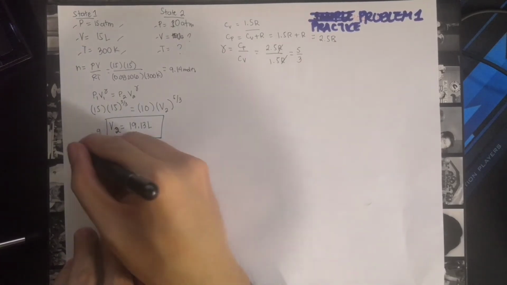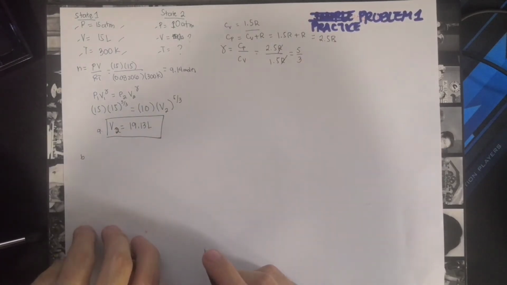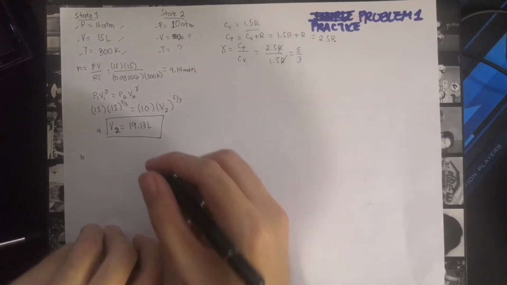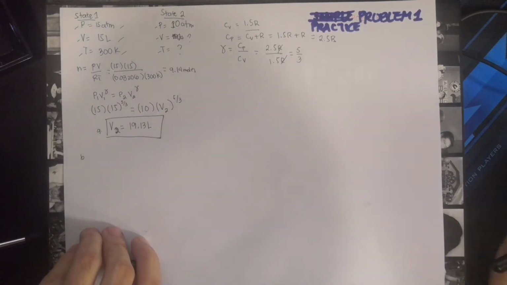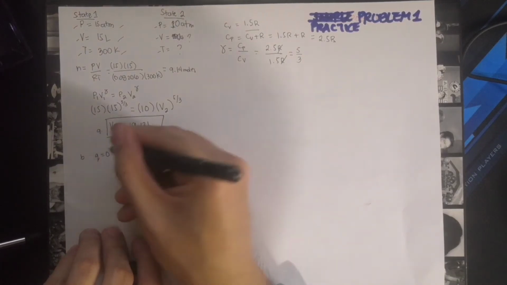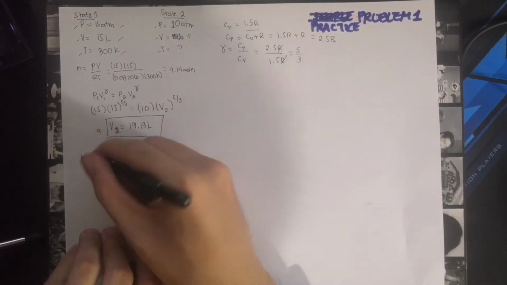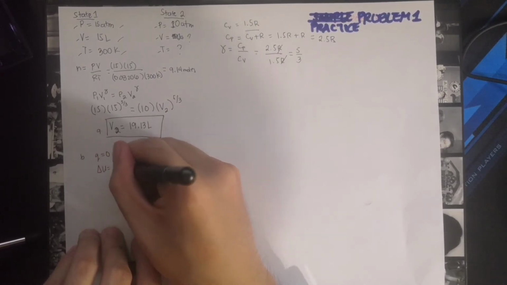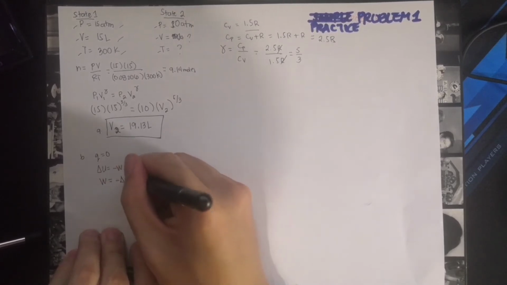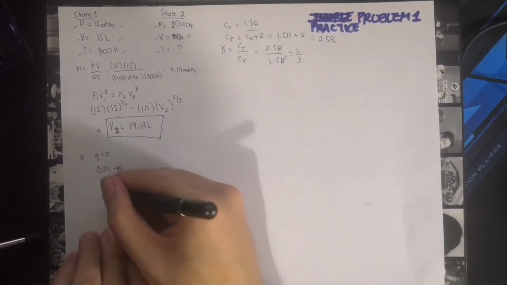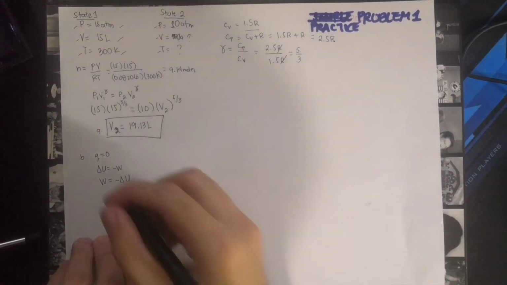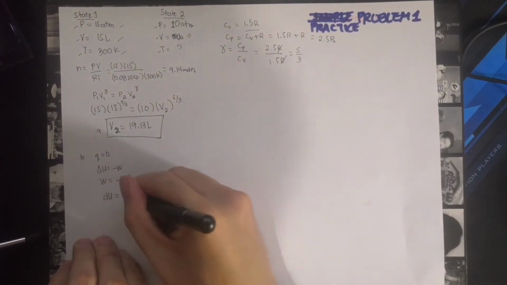Now B, the work done by the system. We know for the adiabatic expansion that Q is equal to 0. So if Q is equal to 0, this means that delta U is equal to negative W, or W is equal to negative delta U. For delta U, we know for any ideal gas that dU is equal to Cv dT.